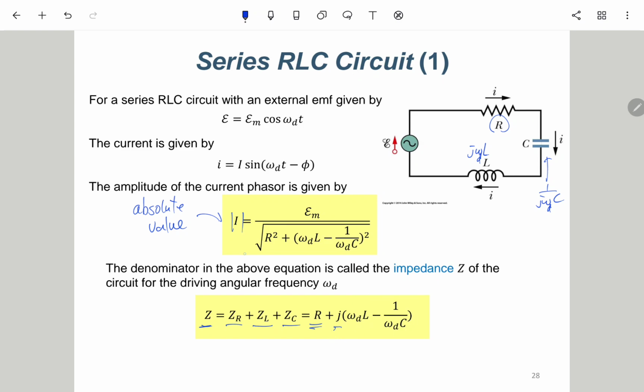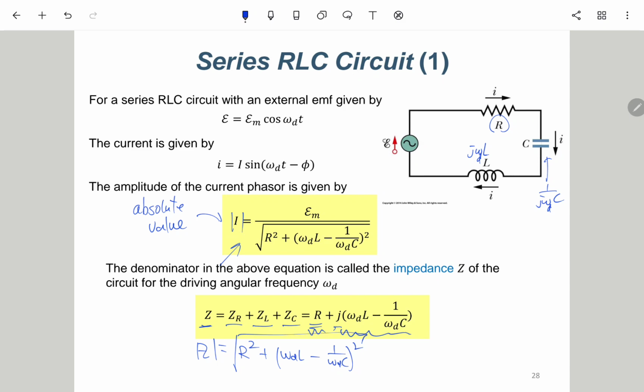So the idea here is like if we take the absolute value of Z, the total impedance, this becomes the real part squared, R squared, plus the imaginary part squared. So omega_d L minus 1 over omega_d C, squared, and then take the square root.